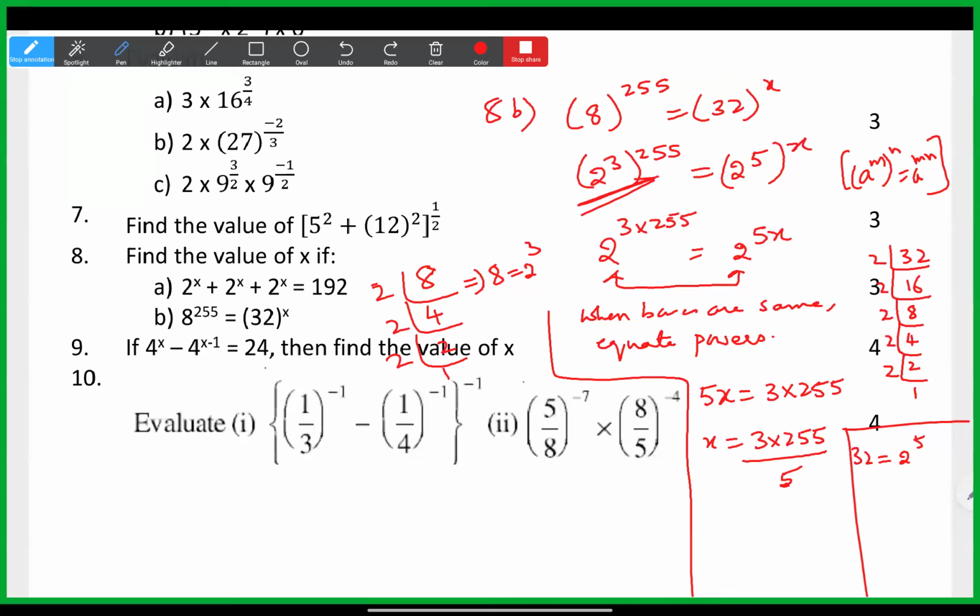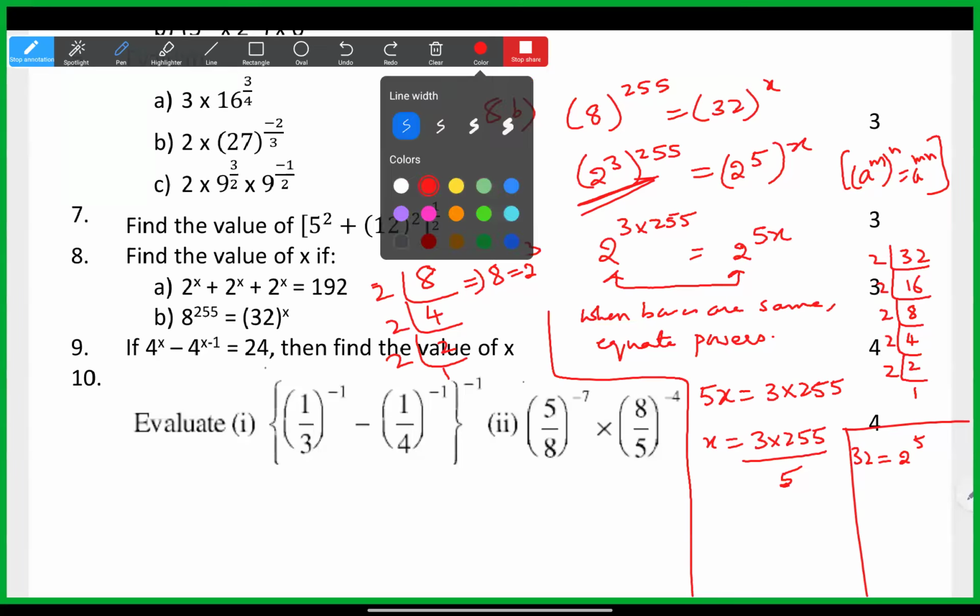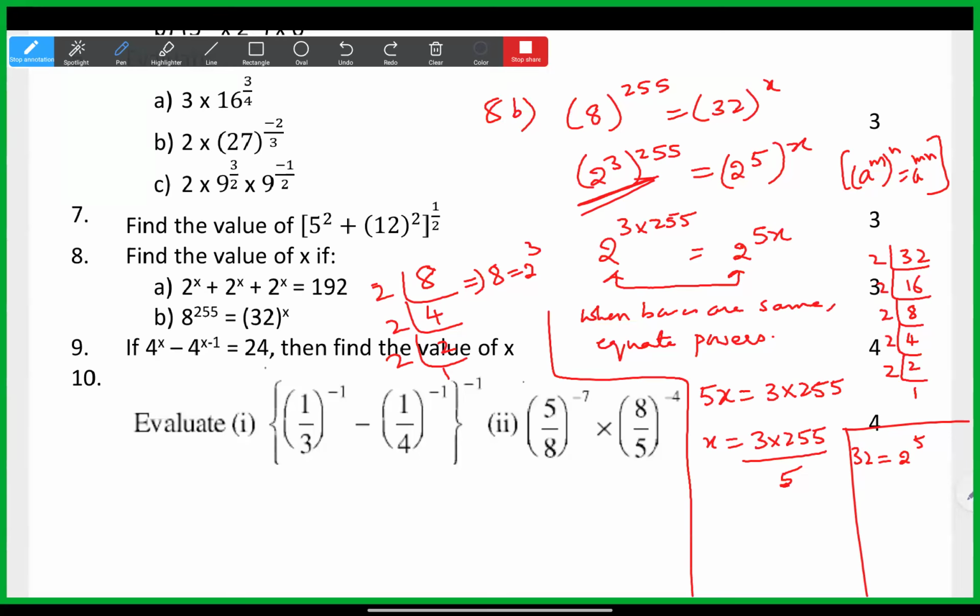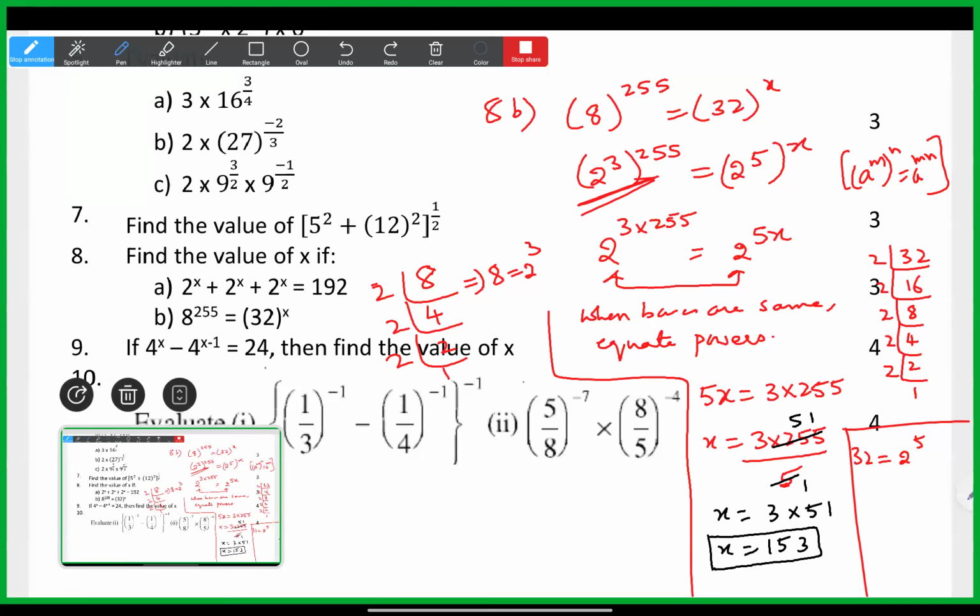Because 5 is multiplied, it will go, that shall be division by 5. Then 5 ones are 5, 5 5s are 25, 51. So finally x is 3 into 51. X is 153. Any doubt? No, sir.